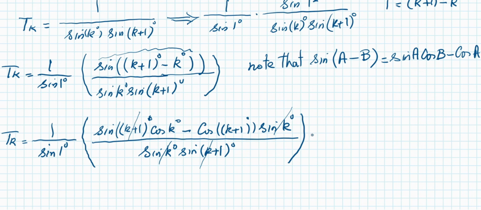So this would be equal to 1 over sine of 1 degree times, from the first term we have cosine of k divided by sine of k.